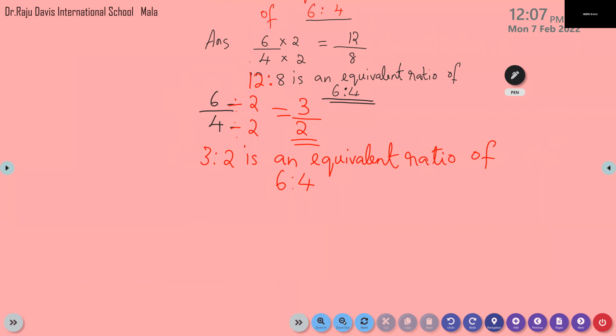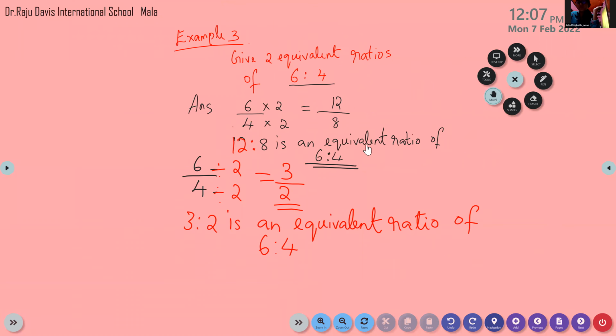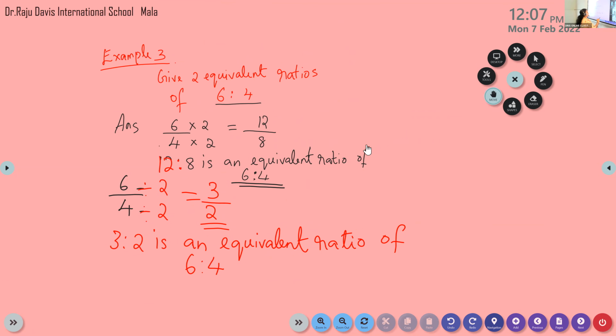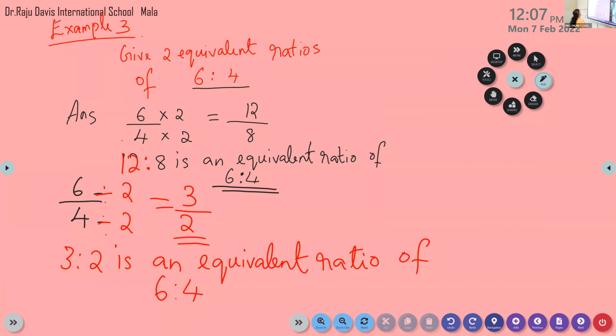Can you show the above notes? Completed. So children, what we have done here, we have to find out two equivalent ratios.